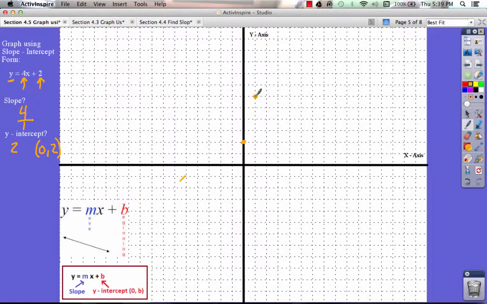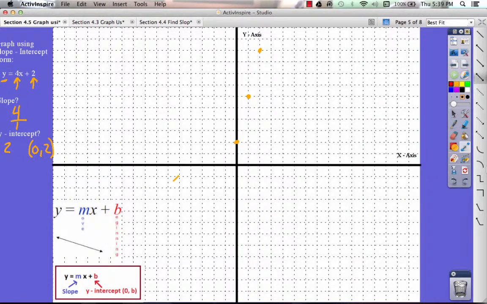That's our second point on the line. And I can continue to do this as long as I want. Rise 4, 1, 2, 3, 4, mark over 1, run 1, boom. And I'm going to get these points that are in a straight line with each other. And the last step, all we have to do to graph it is just simply connect the dots.